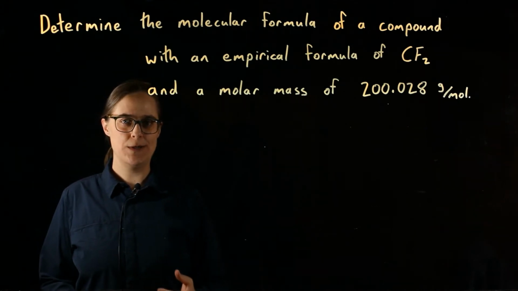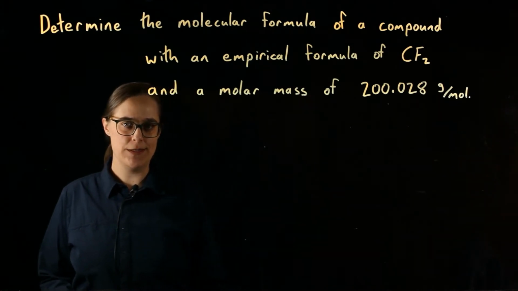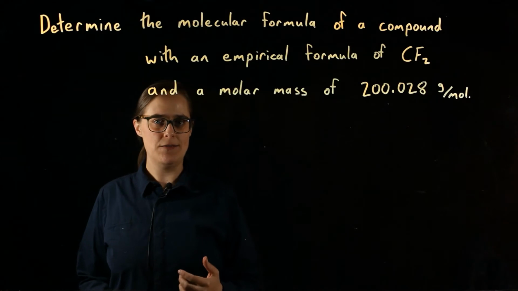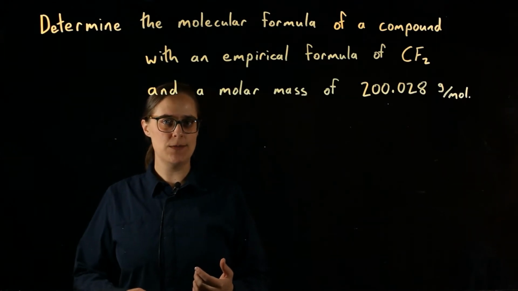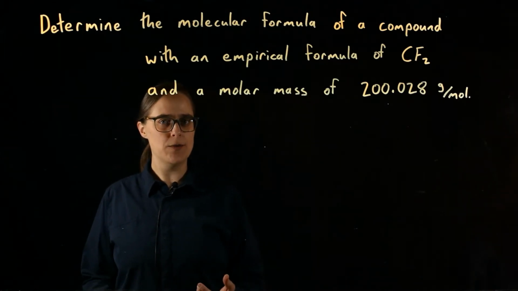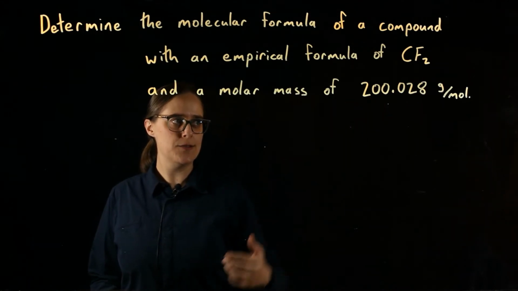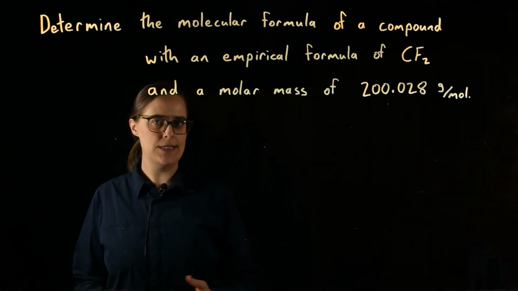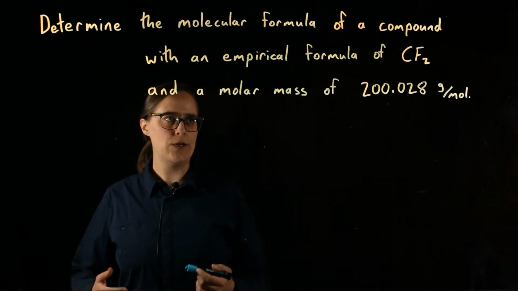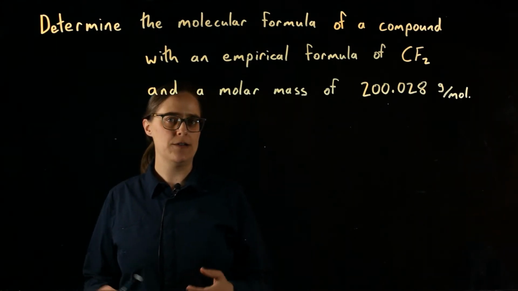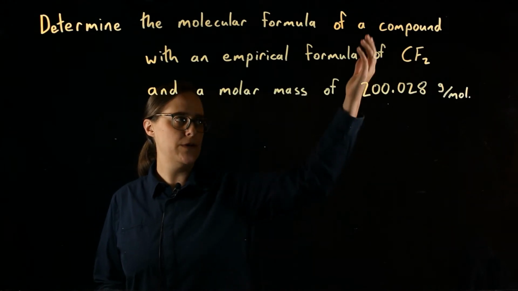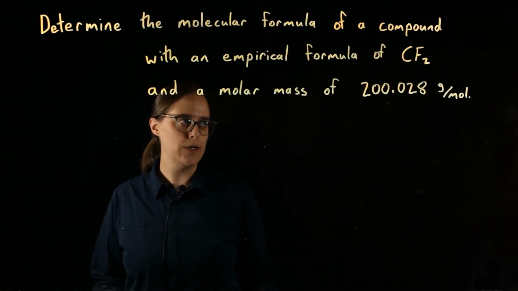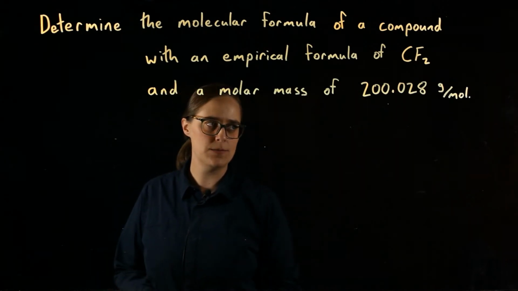There's an easier way to calculate the molecular formula. You can go through that infinitely long list of possible molecular formulas, find the molar mass of each one of them until you get to this desired molar mass. But there's an easier way. We can calculate a multiplication factor, some small number that we can multiply 1 carbon and 2 fluorines by that would have this molar mass.